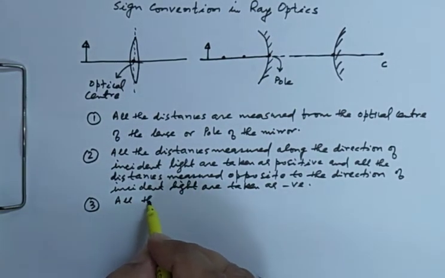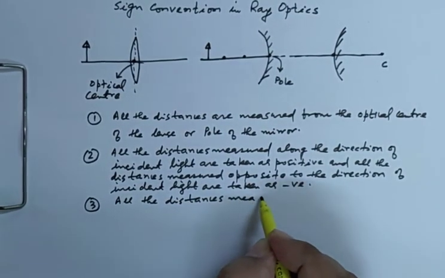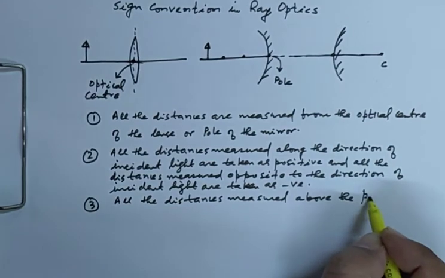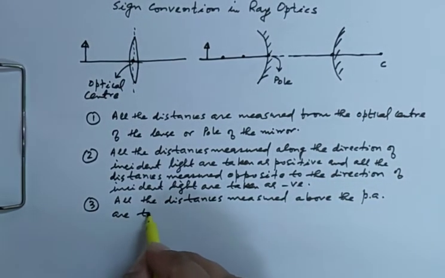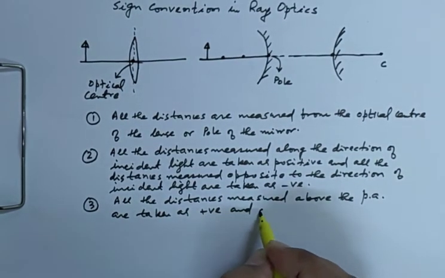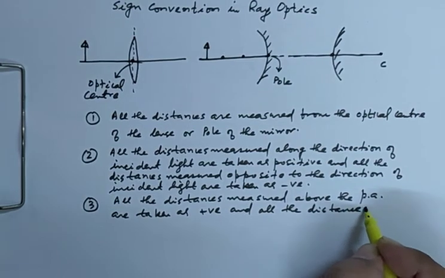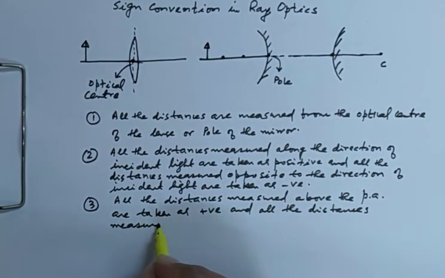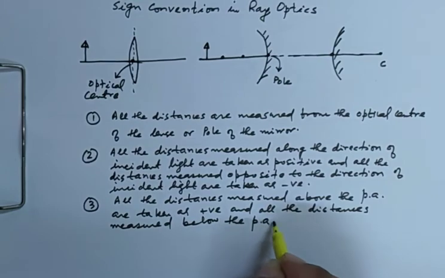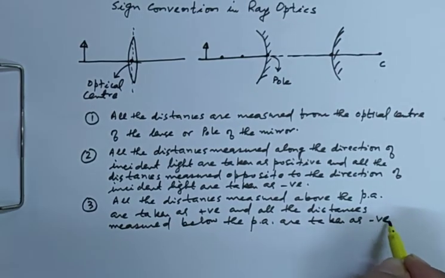All the distances measured above the principal axis are taken as positive, and all the distances measured below the principal axis are taken as negative.